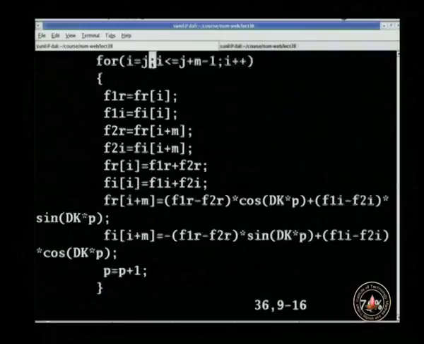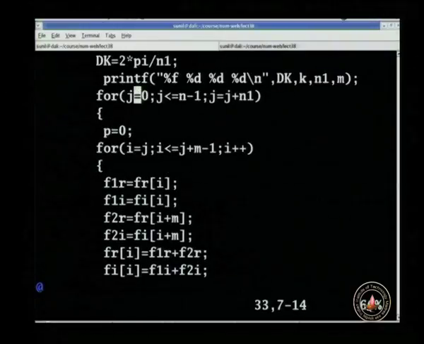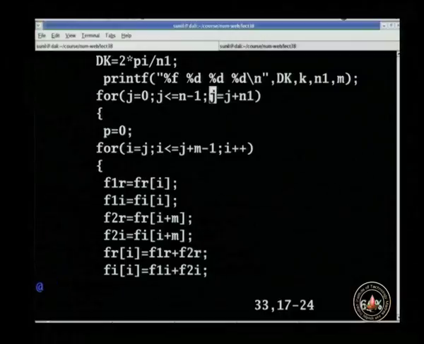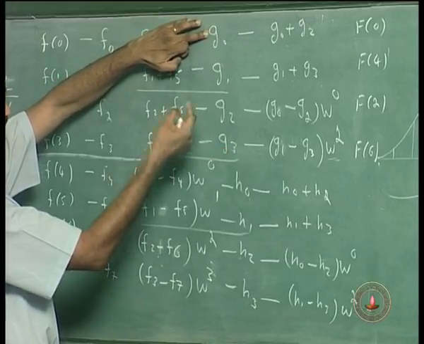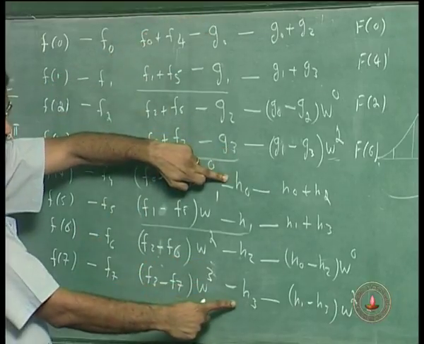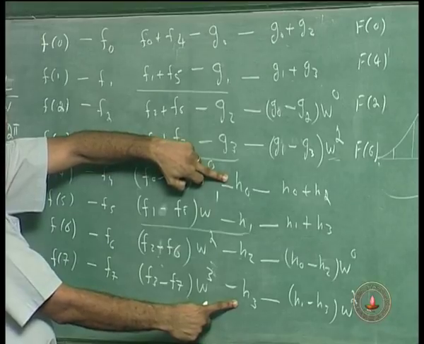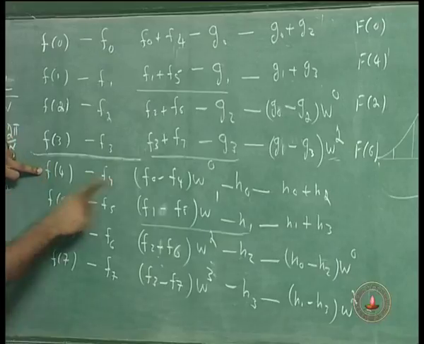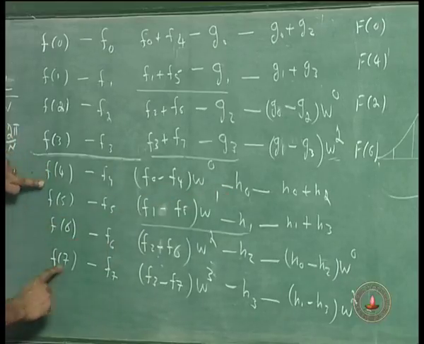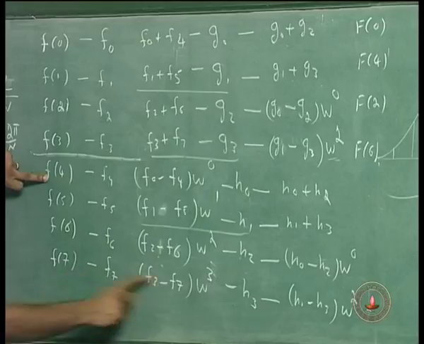Then the next n1 would be 4, so the j value will be 0 and 4. That means I will do 0 to 3 as one set, and the next j value is 4, so I start from 4 to 7 for another one, because I have those functions here replaced by h0 and h3, so f7 will be h3.